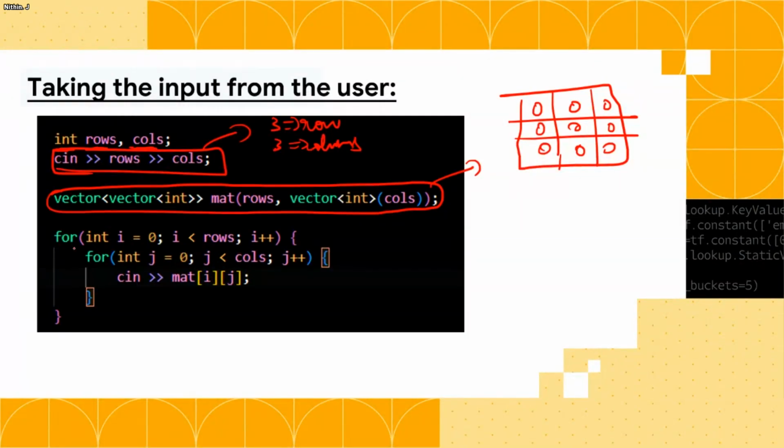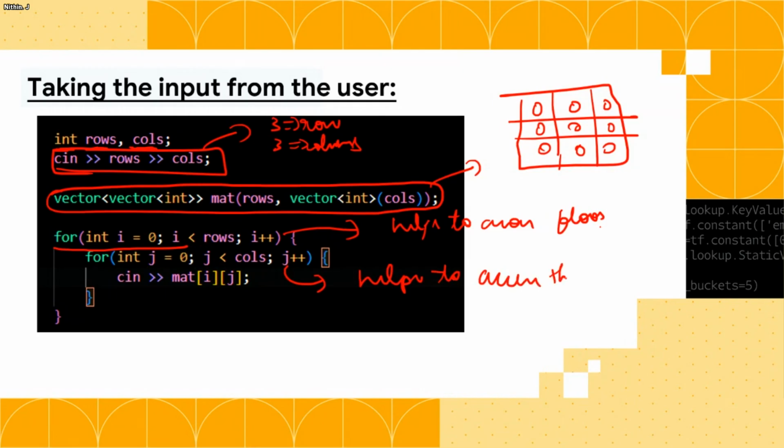So we are using this for loop. Okay, so let's understand step by step. This for loop basically helps us to access each floor. If I take the analogy of a hotel, this for loop helps me in accessing each floor of the hotel, and this for loop helps to access the rooms present at that floor.